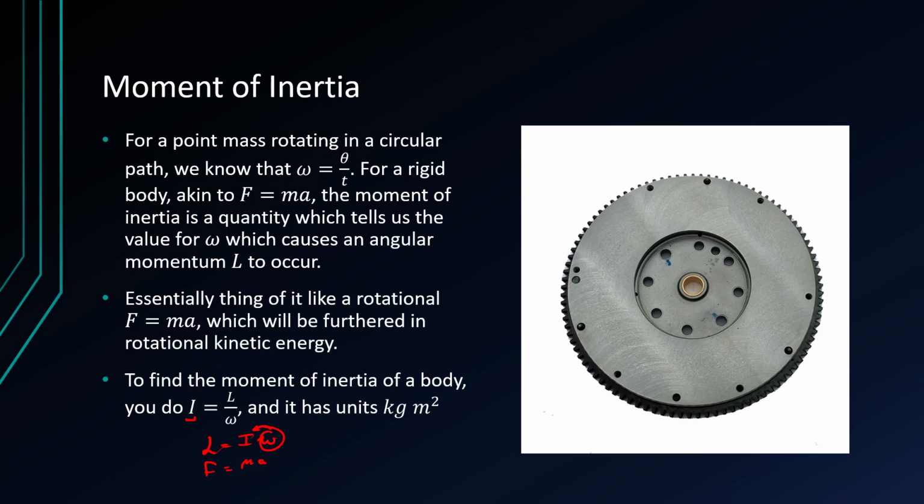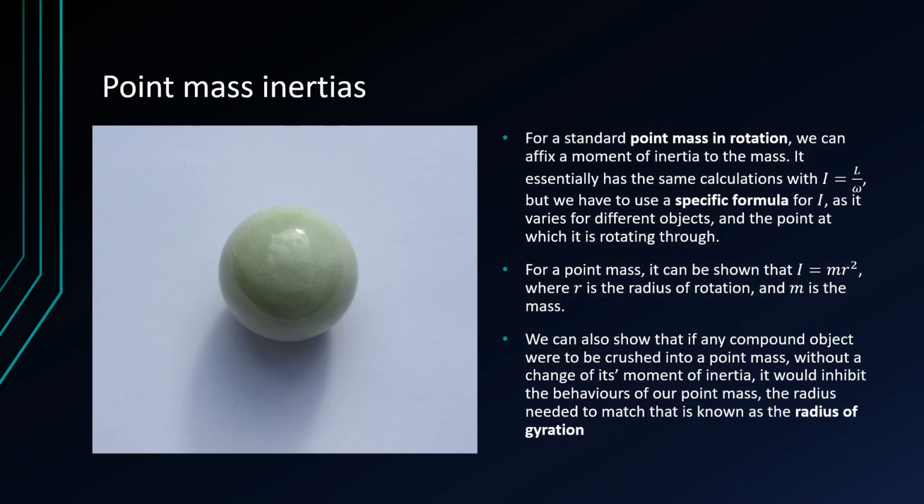The moment of inertia is different for certain objects. For instance, point masses. So we can actually do moments of inertia with point masses, even though it seems counterintuitive. But for a standard point mass in rotation, we have to use a specific formula for I. So it varies depending on the construction of the object.